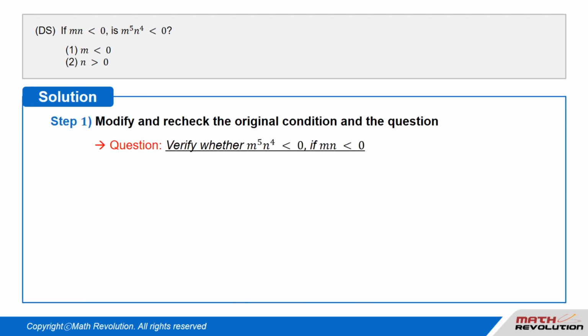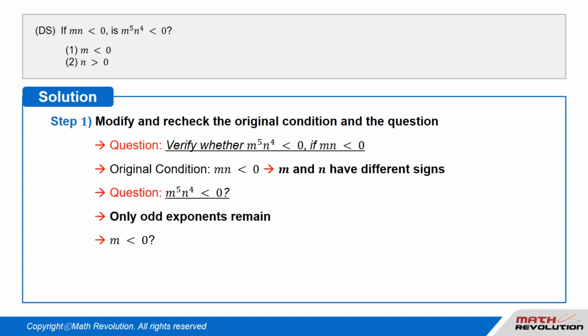Let us follow the first step of the variable approach by modifying and rechecking the original condition and the question. We are required to verify whether m to the power of 5 times n to the power of 4 is less than 0 if m times n is less than 0. We are given that m times n is less than 0, which means that m and n have different signs.